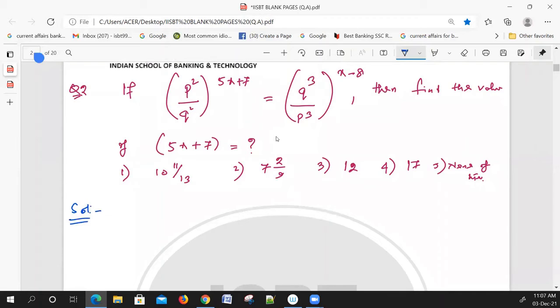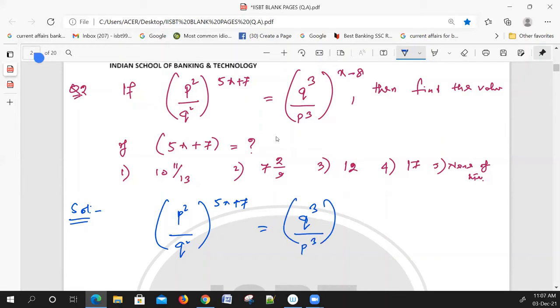Look at the solution. (P²/Q²) to the power 5x+7 is equal to Q³/P³ to the power x−8.